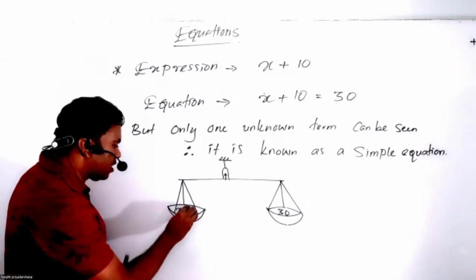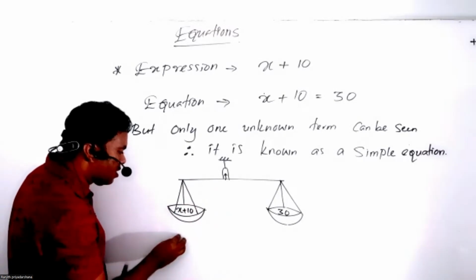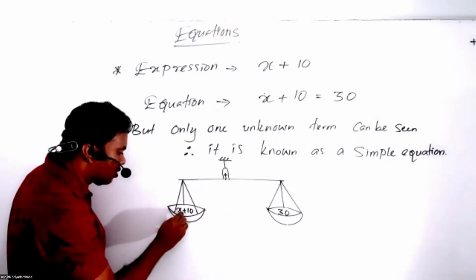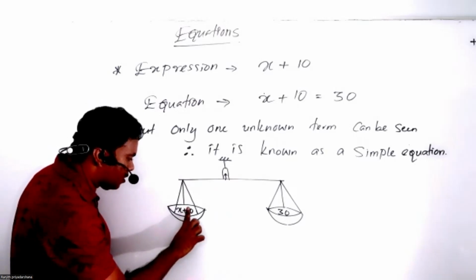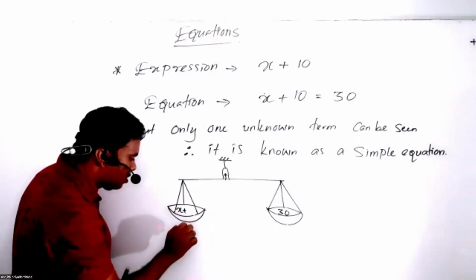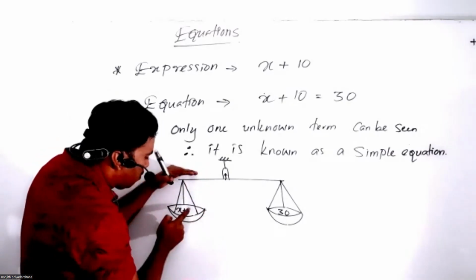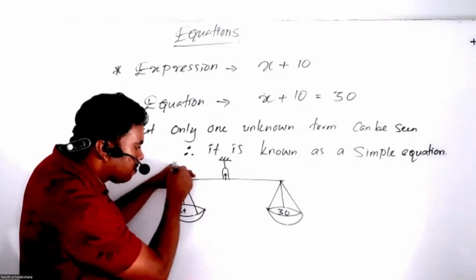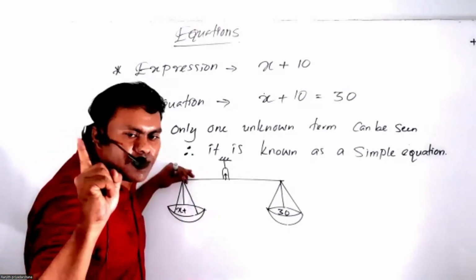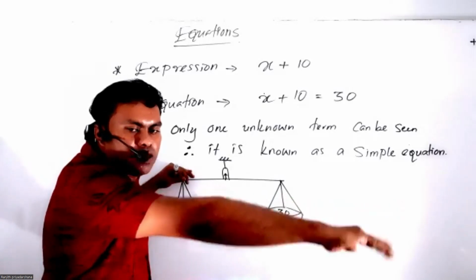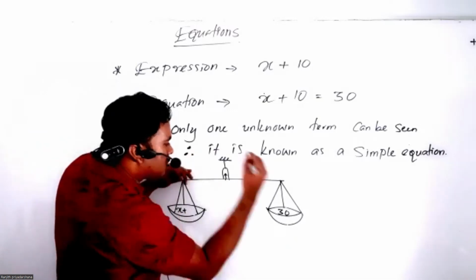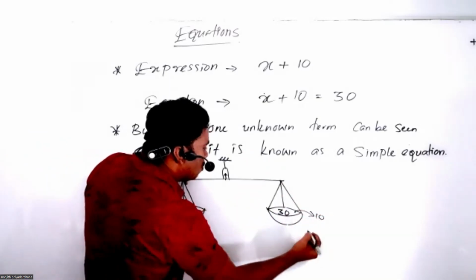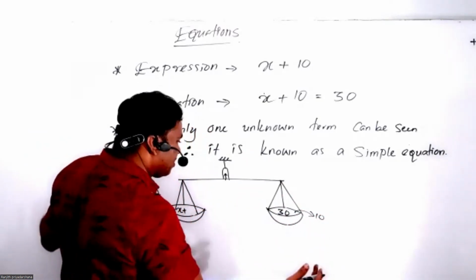I remove this 10 from this side. Oh my god, now the balance tips. What is the wise thing I can do to make the balance balanced again? 30 minus 10. Yes, now it is again balanced.